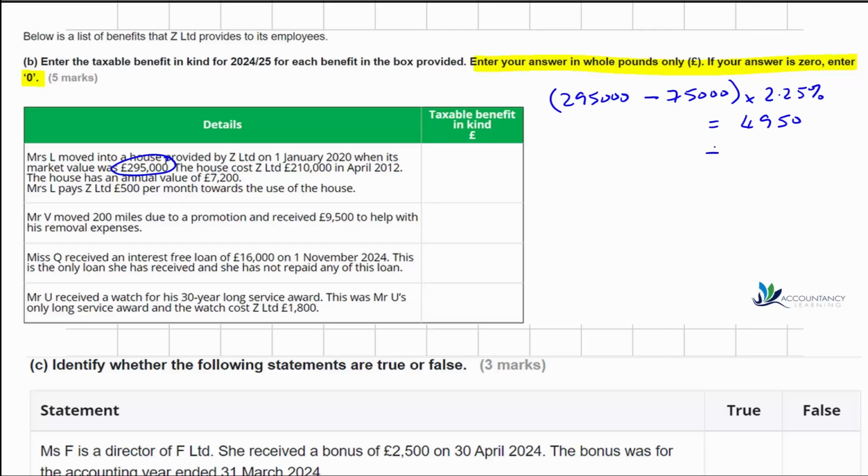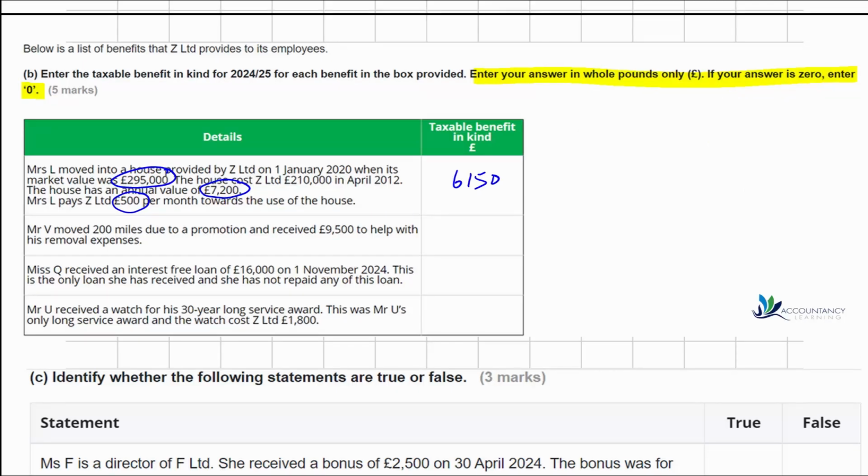Now on top of that, we need to add the annual value of the house, which is the 7,200, but we're also told that they're making a contribution of £500 per month towards the house. And that's a total of £6,000. So if the employee is making a contribution, then we don't need to tax that amount. So the total of these three figures give us 6,150, which is the taxable benefit in kind.